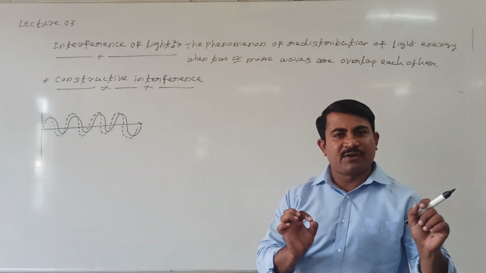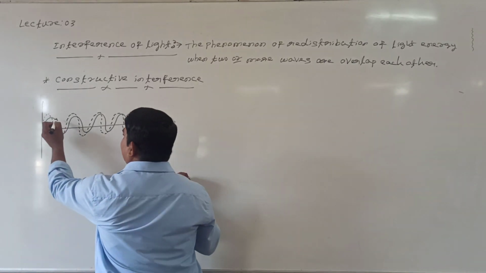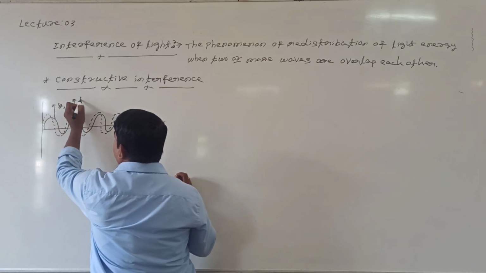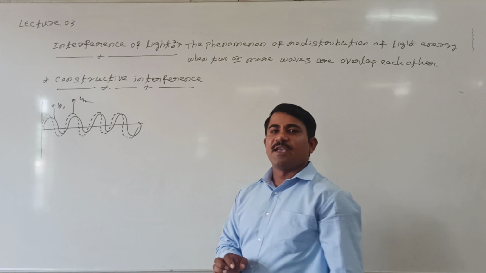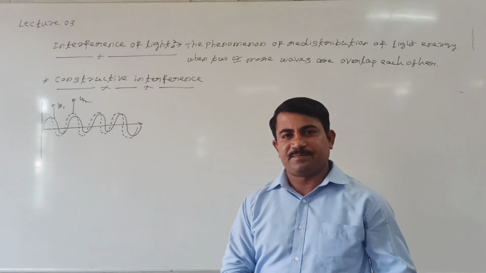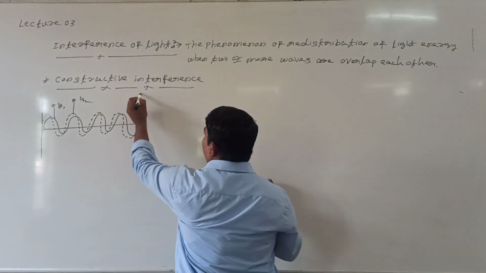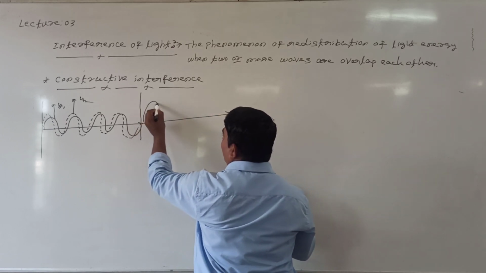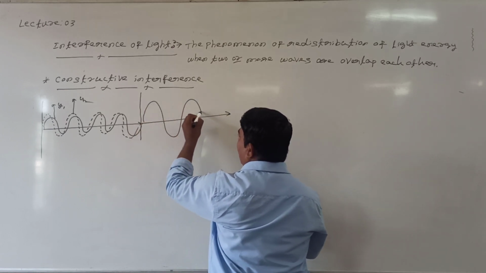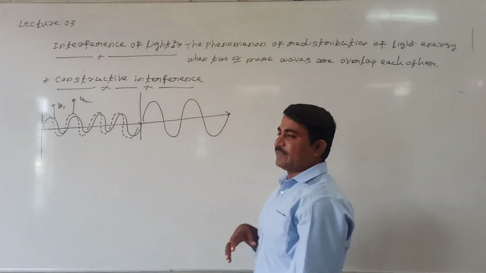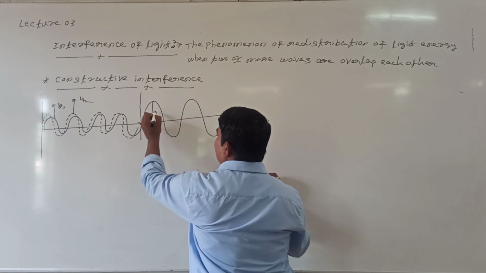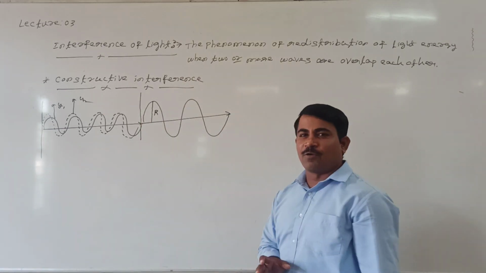Here we have two different displacements. Solid line represents y1 displacement and dotted line represents y2 displacement. Here crest is overlapping with the crest or trough with the trough, so the resultant wave of maximum amplitude and maximum intensity will come. I can represent this amplitude by R value or capital A value, no matter.